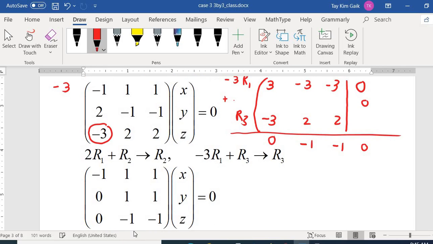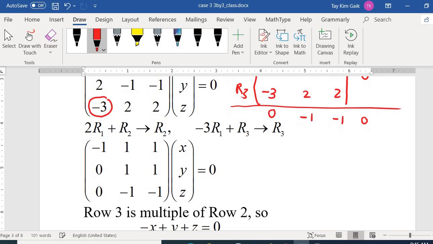Okay, after these two row operations, you notice that row 3 here is the negative of row 2. So if you multiply row 3 by negative 1, this becomes positive 1, positive 1. So row 2 and row 3 are actually equivalent, or you may cancel out row 3. Or you may use a row operation: take row 2, add up with row 3, put the changes back on row 3.